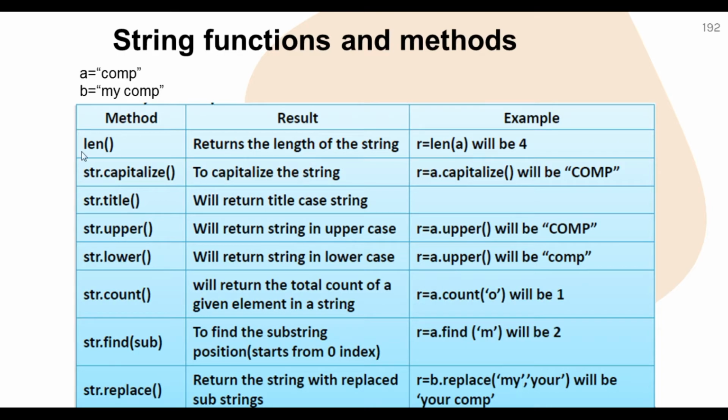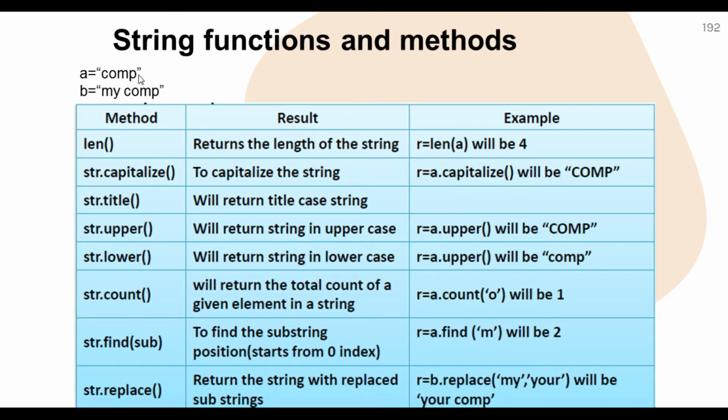We will discuss them one by one: first the method, second the result and example. Here you can see len, which is a function; with the help of this function we can get the length of a particular string. If I pass a inside len, it will return 4. Why? Because 1 2 3 4.